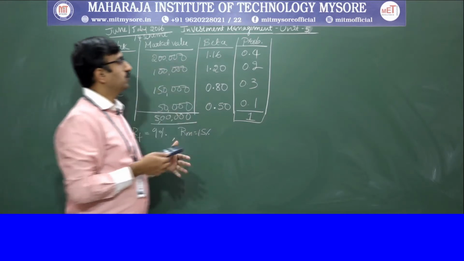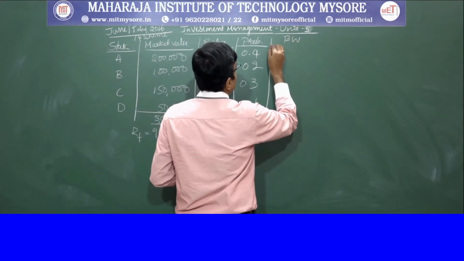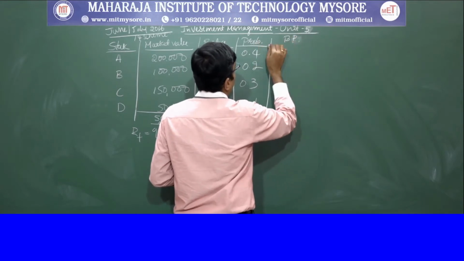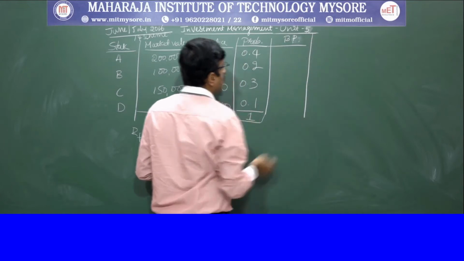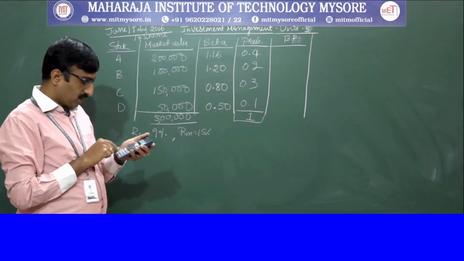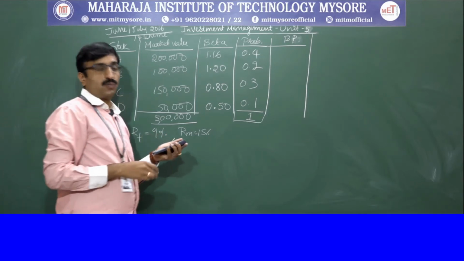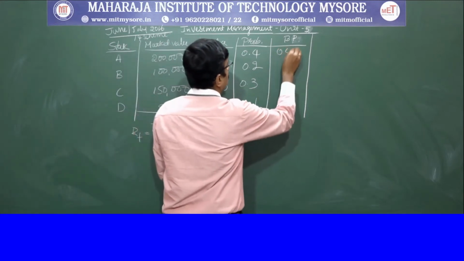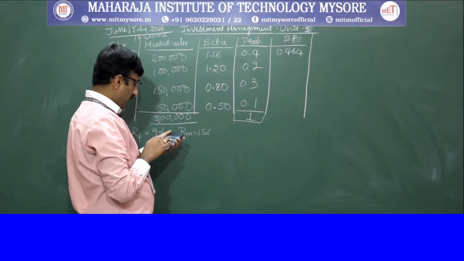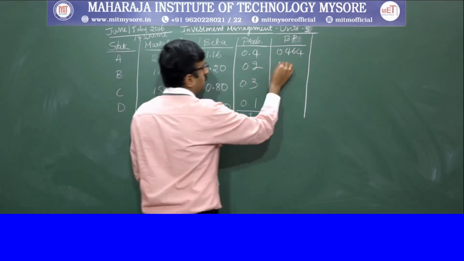Now moving on to beta into W. Beta into weight or probability, you can take it as one and the same. So 1.16 into 0.4, you will get 0.464. Next, 1.20 into 0.2, you will get 0.24.